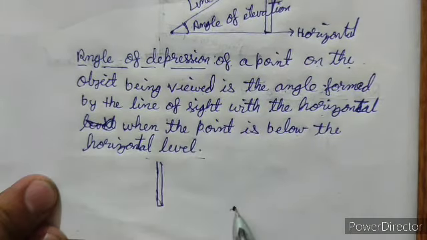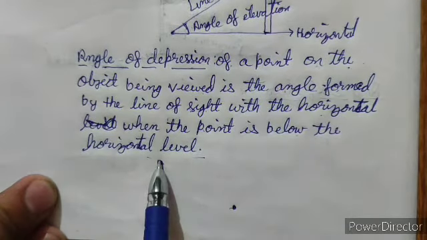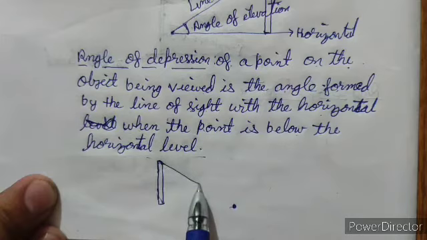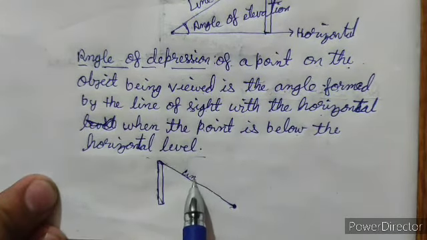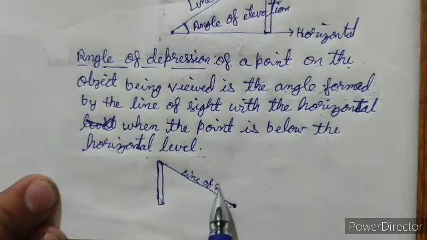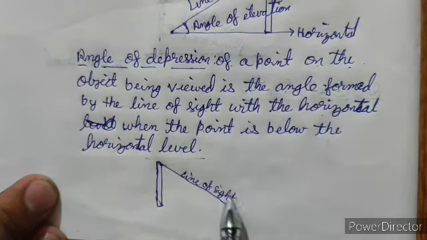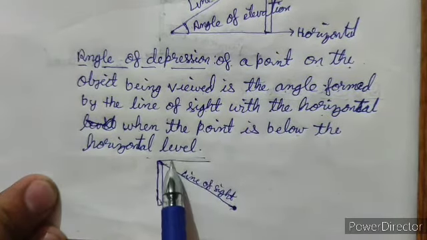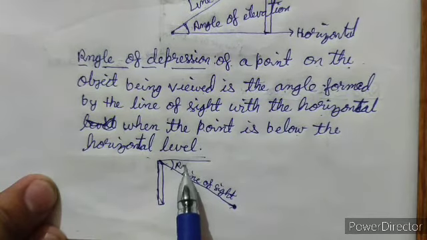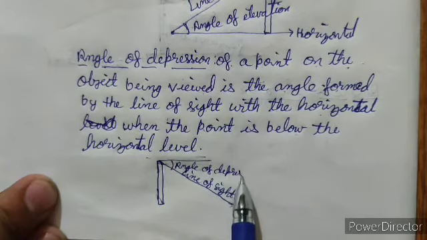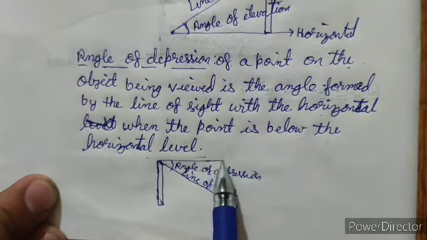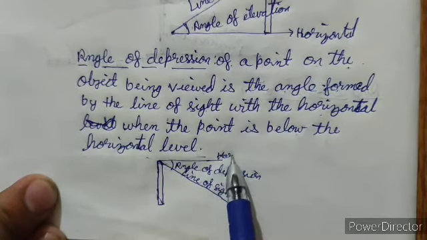There is an object on the ground and we are viewing it from a top of a building. Then the angle between the line of sight and the horizontal will be the angle of depression. This is the horizontal level.